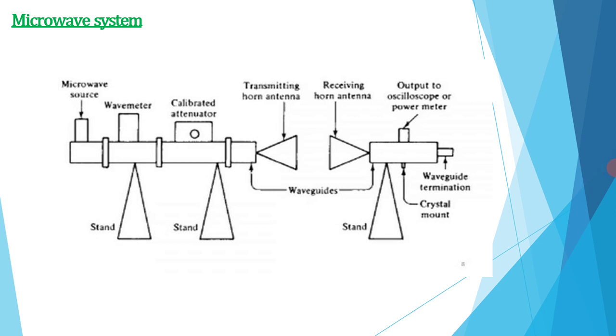Now let us look at the basic diagram of the microwave system. A microwave system contains a transmitter subsystem and a receiver subsystem.